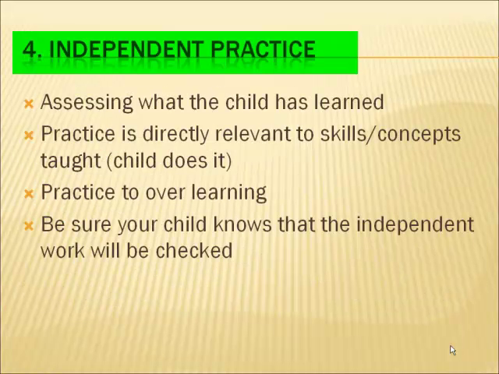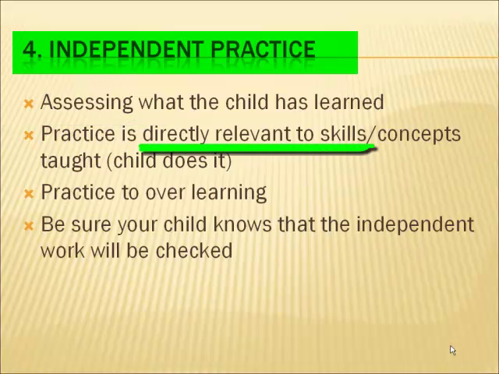Step number 4 in a direct instruction lesson is independent practice. Independent practice is the you do it part. This is where the child is showing you they know the new information that you've taught today. So we're assessing what the child has learned. We're practicing directly relevant skills and concepts taught.